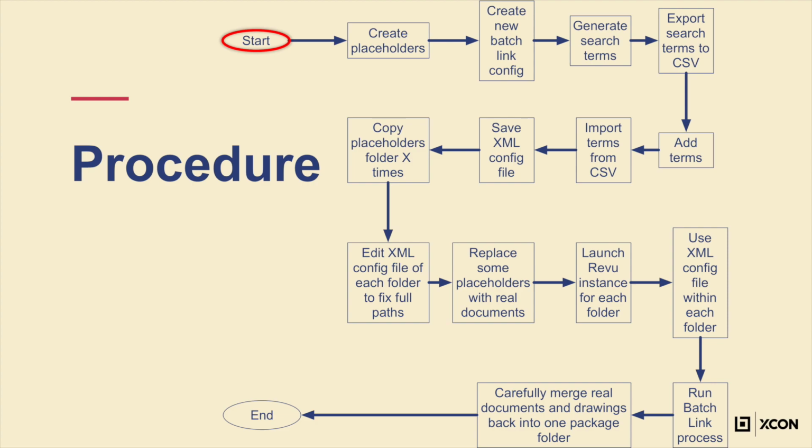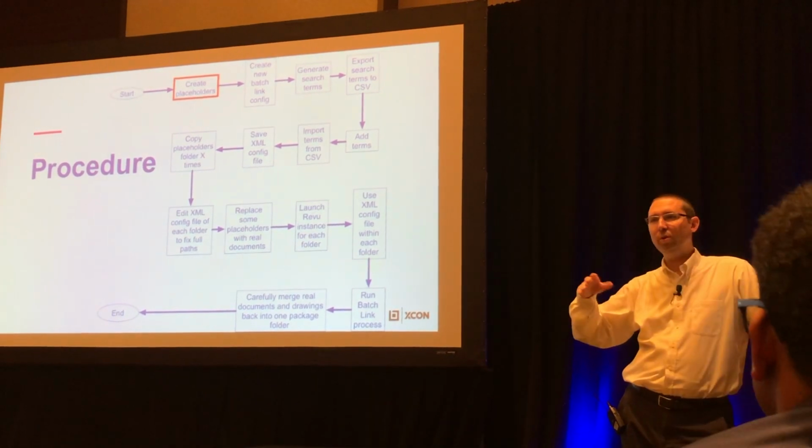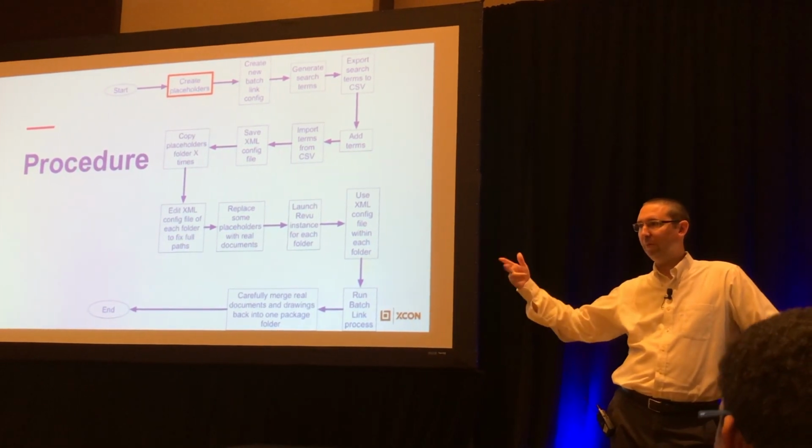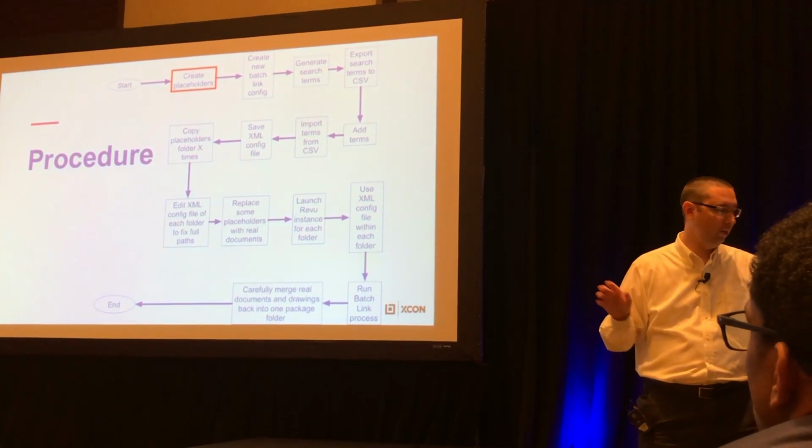So the first thing is you have to create your placeholders, all right? You can either use the Excel list if you have one, or you can use the PowerShell script to mirror a package you already have. But in either case, you create your placeholders.